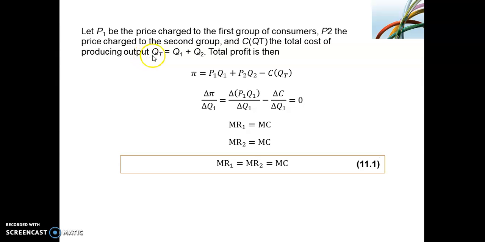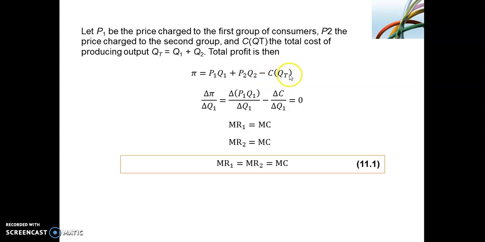Total output, Q with the subscript T, is given by the quantity for the first group plus the quantity for the second group. So adding the quantities for each group will give you your total output. And then you have your total cost for producing this total output. Now we know that profit is the difference between your revenue minus cost.